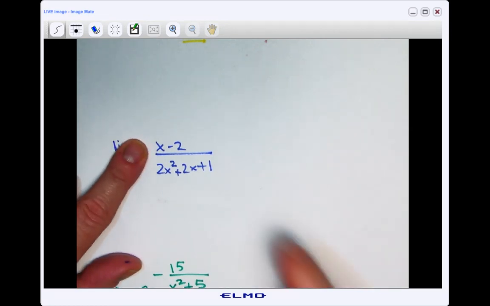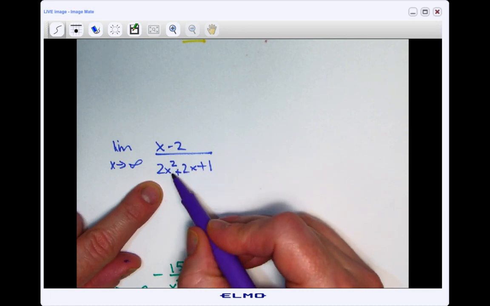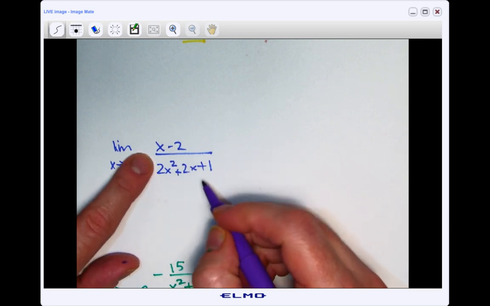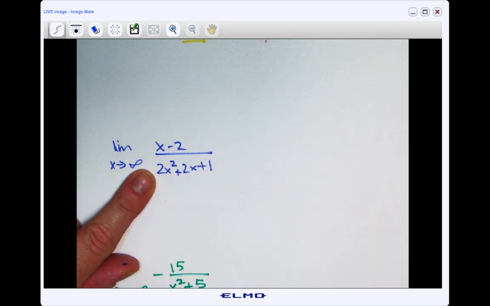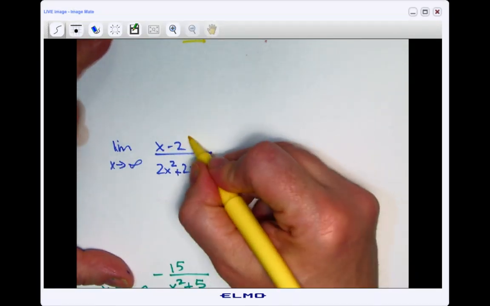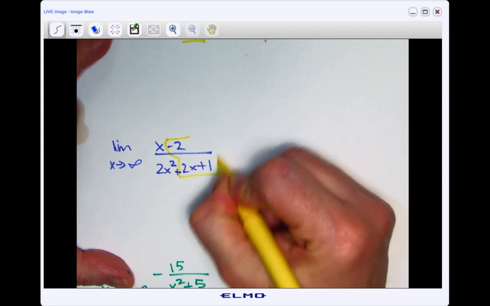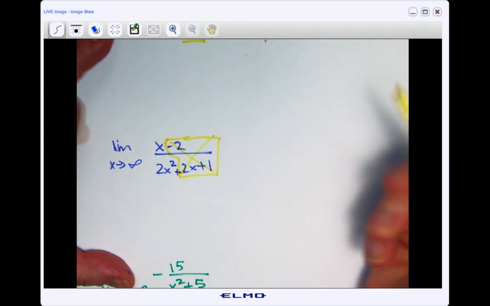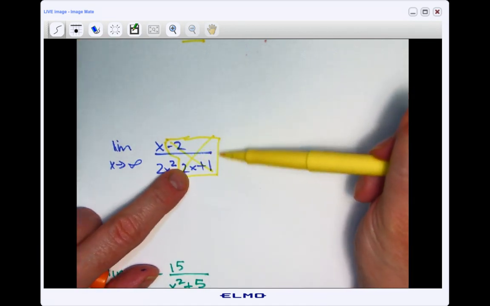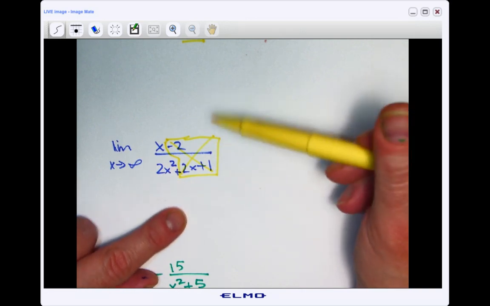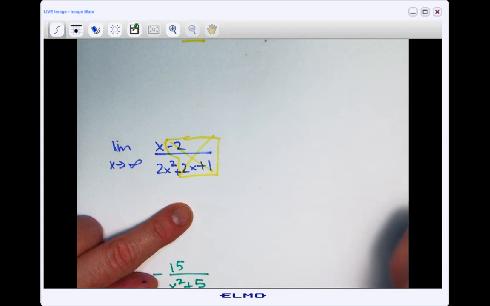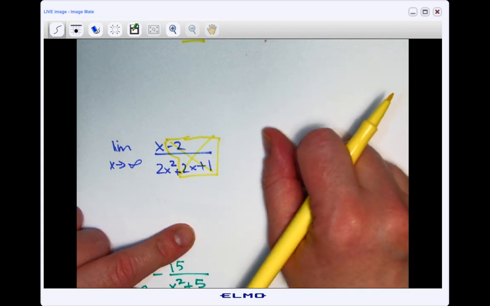So how do I go about doing such a thing? Well, I think about this fraction, and what's going to happen is these little terms in the back become insignificant, right? It's like having a bunch of money and then just a little bit added or subtracted. If you had $1 billion in the bank and you took out $5, nobody would say, oh, he's not a billionaire anymore.